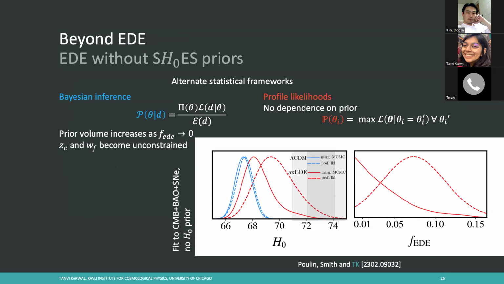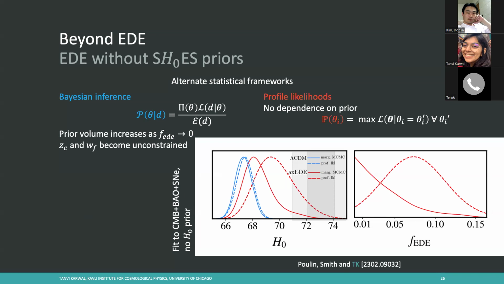Between the two statistical frameworks, Bayesian inference does have prior dependence, profile likelihoods do not. Profile likelihoods are the dashed curves here. For lambda CDM, you see that they pretty much overlap. There's no prior volume projection issues. For EDE, they don't. You get very different constraints when you use profile likelihoods for EDE.